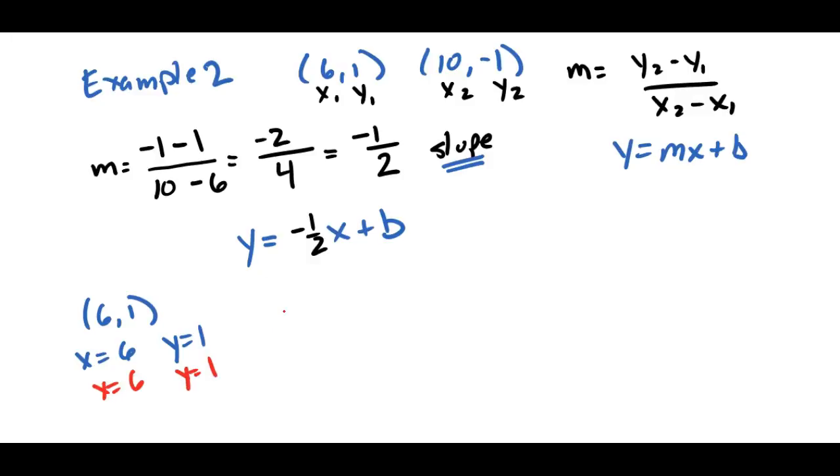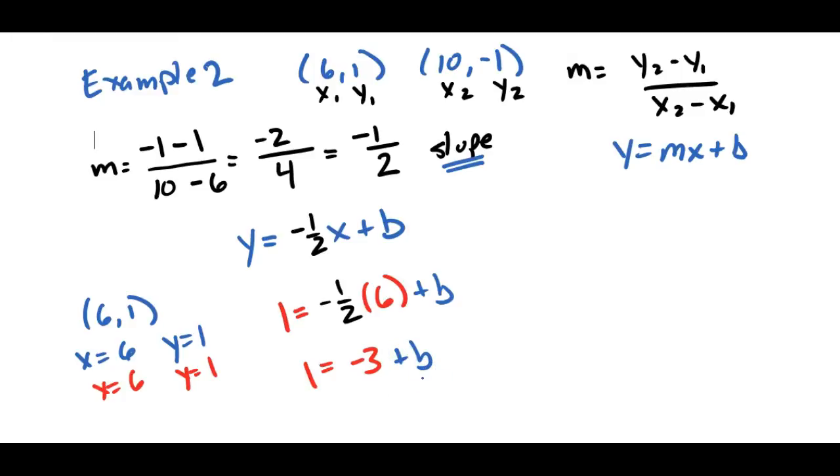So I'm going to put 1 for y, and then we have negative 1/2, and then I'm going to put 6 for x plus b. Now let's do a little algebra. First we have to simplify this. Negative 1/2 times 6 is going to be negative 3. So I have 1 equals negative 3 plus b.